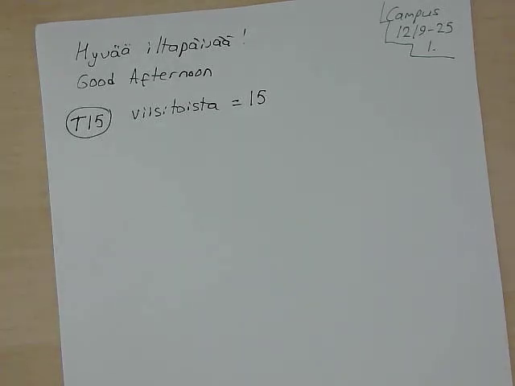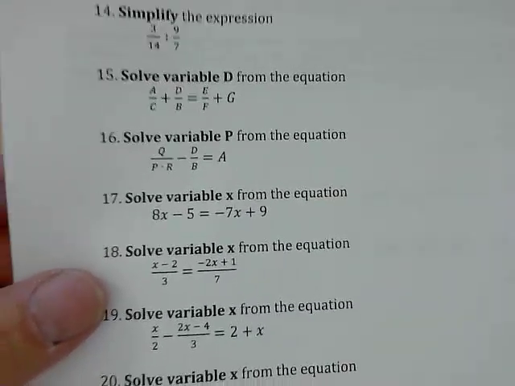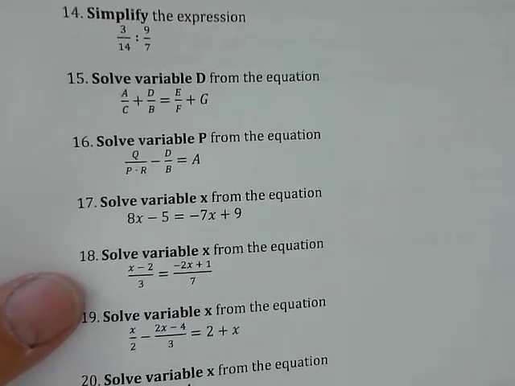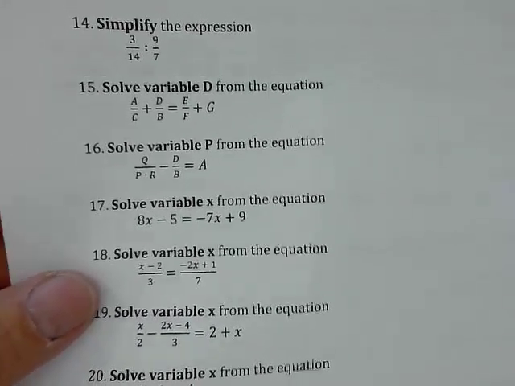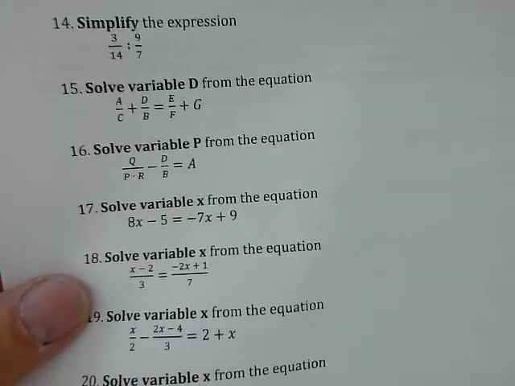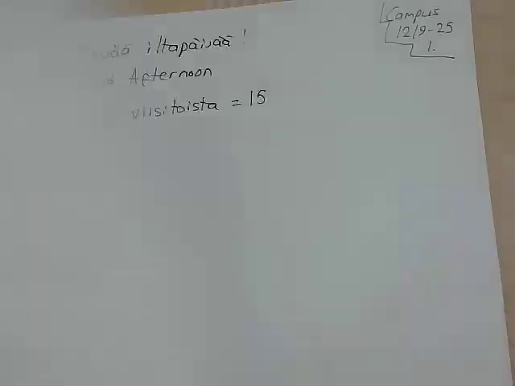And this was an equation which contains only letters. Problem 15: solve variable d from the equation. The d is in that place there, and it should be solved from that equation.